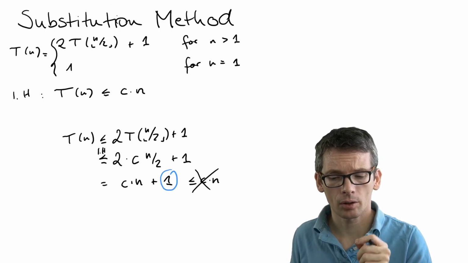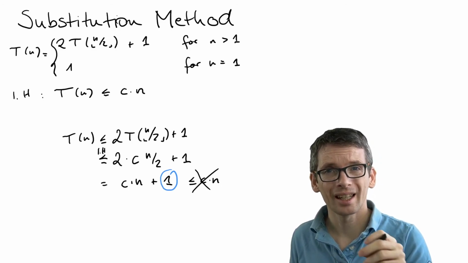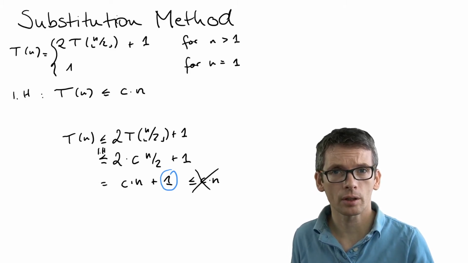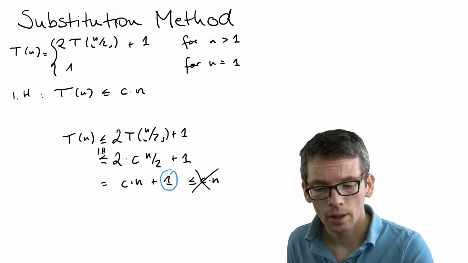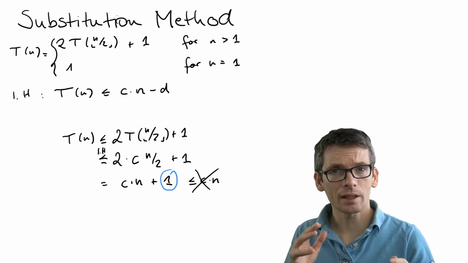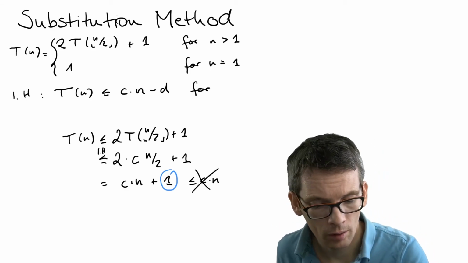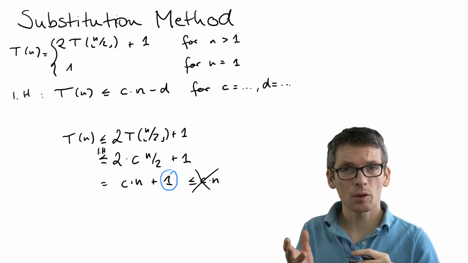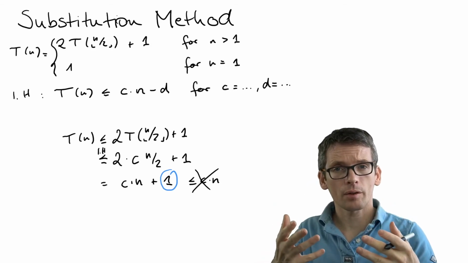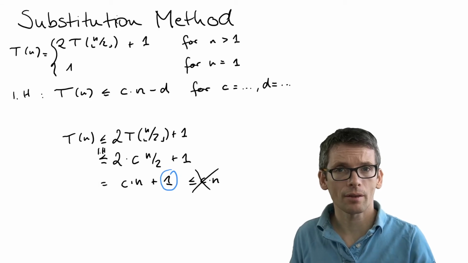We can handle this term by simply having a term of that order in the induction hypothesis. So I will have a minus d in the induction hypothesis, and I will still need to pick these constants c and d. And what c and d will be, that will come out of the proof, the base cases, and the induction step, and then I will simply set these numbers.